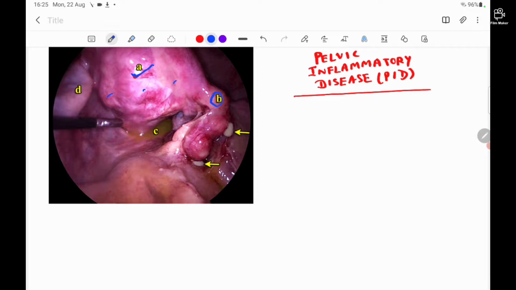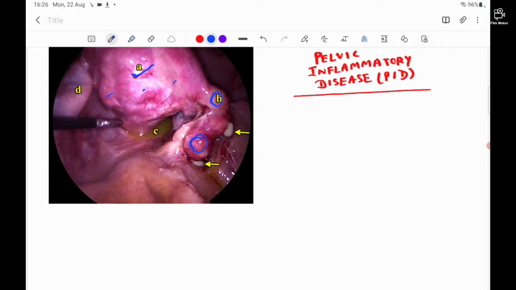There might be some kind of hydrosalpinx as well, and even you see the position of the ovary. The ovary is also inflamed. It's not in proper contour. So the reproductive function is disturbed, and there is immense pain in such cases as well.